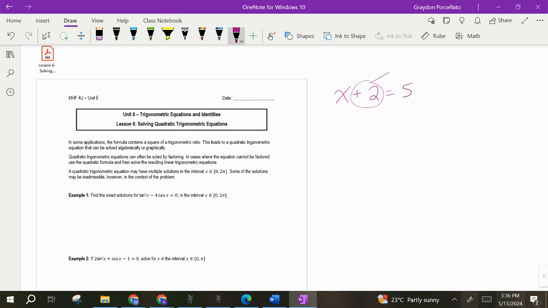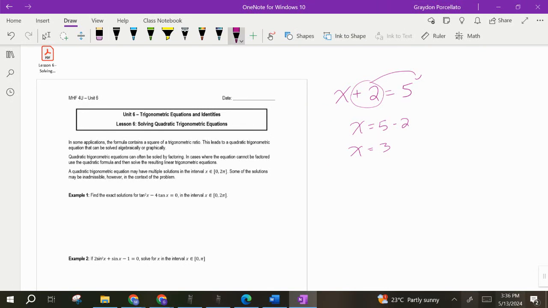We bring our 2 to the other side and get x equals 5 minus 2, x equals 3. That's a linear equation. If we put a sine in front of that, it becomes a linear trig equation. Now that is not solvable, but hopefully you get the idea.